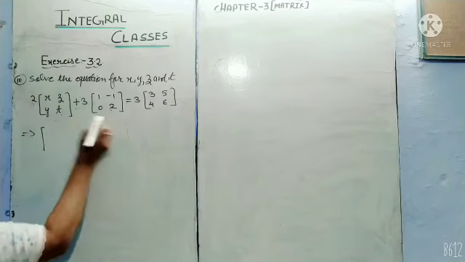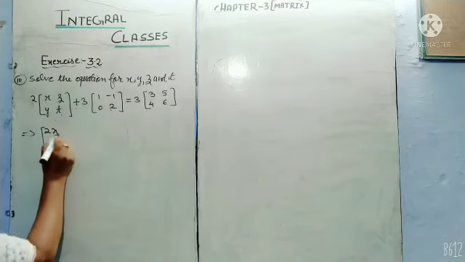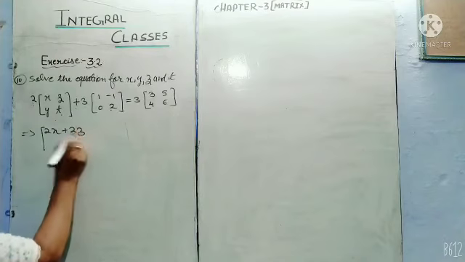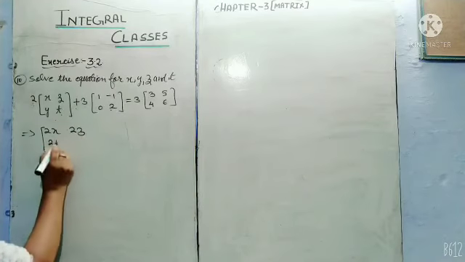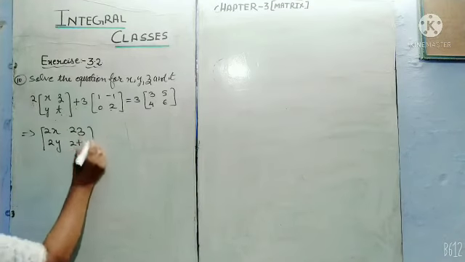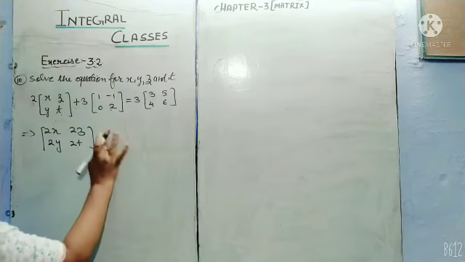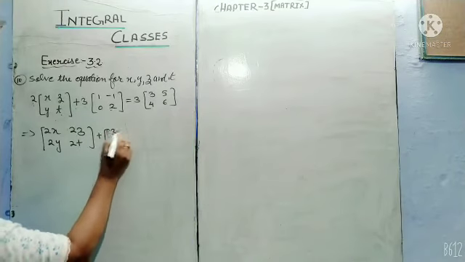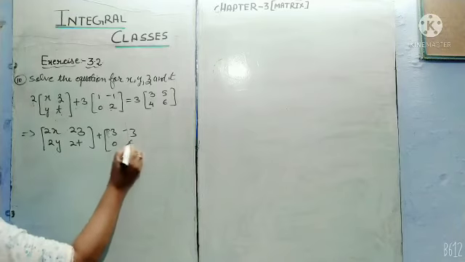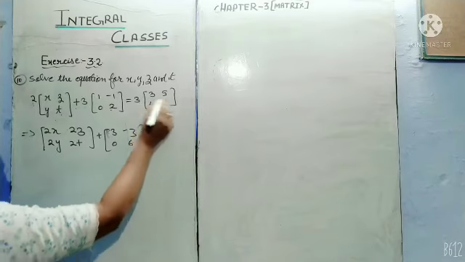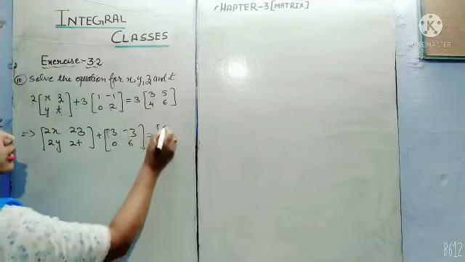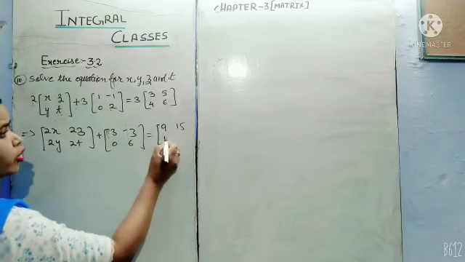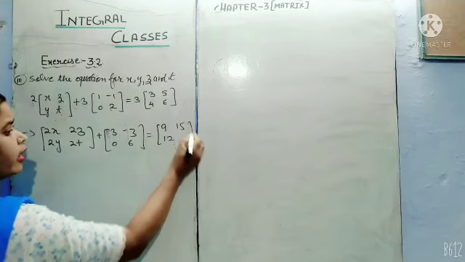Then after that we add them. So it becomes 2x, 2z, 2y and 2t. Plus sign. Here 3 is multiplied: 3, minus 3, 0, 6. Equal to, again we multiply 3 here: 9, 15, 12 and 18.